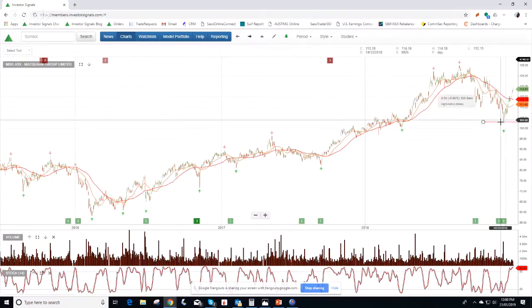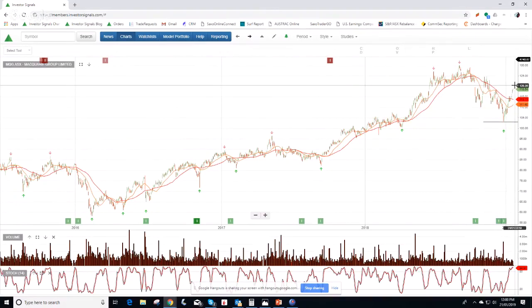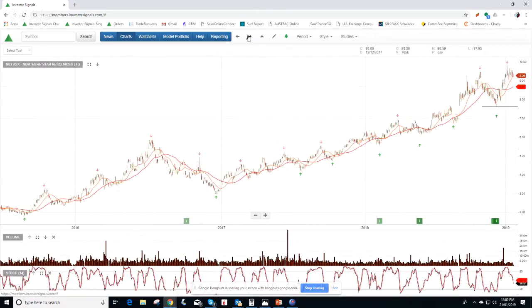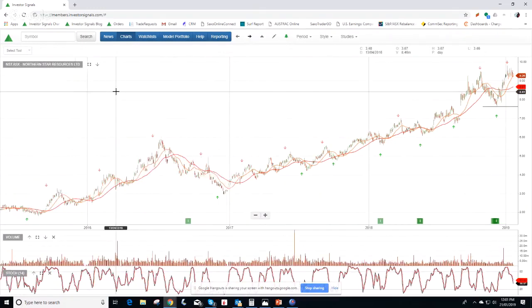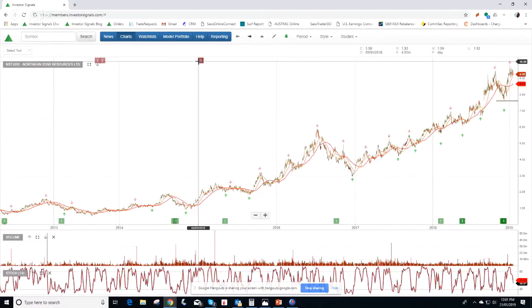Macquarie, this is one that we had the algo buy signals on. Macquarie's doing a terrific job of delivering earnings growth. They're guiding towards at least 10% earnings growth over the next 12 months, but the stock's running into resistance based on where our view is that equity markets are heading at the moment. Northern Star is probably the best performing stock in the model portfolio.